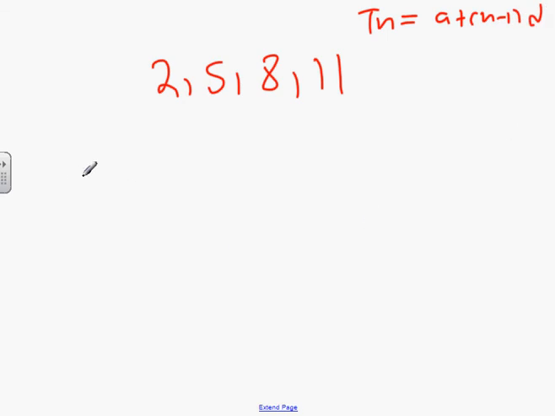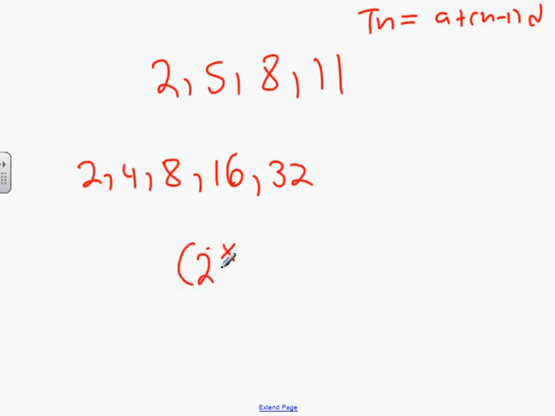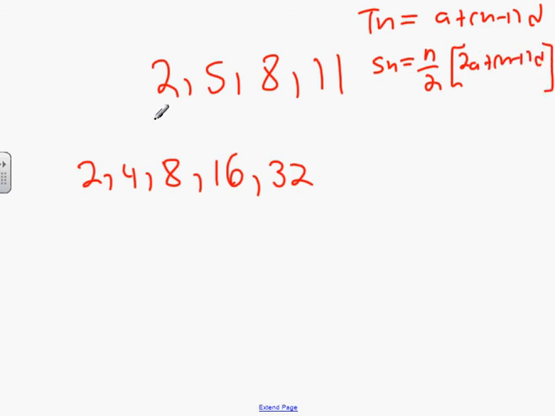The next type of sequence, if anybody can tell me this, 2, 4, 8, 16, 32. Geometric, or yeah, same thing as exponential, technically speaking. Okay, so formulas like this. The first one is Tn equals that, and our Sn formula for the other one, n over 2 into (2a plus (n minus 1) times d). That's for linears.